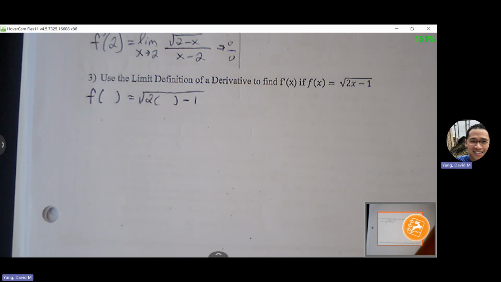Now we have to finish out the definition. You have that piece, we still need to subtract that. What was that plus? Oh, yeah, that's right.